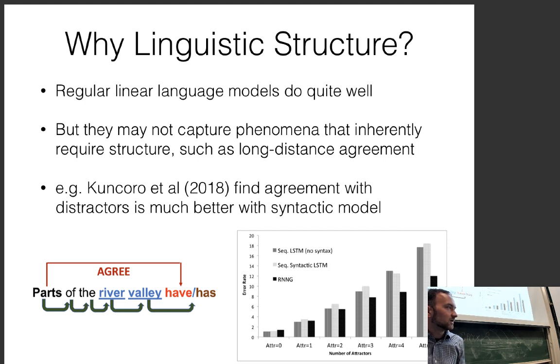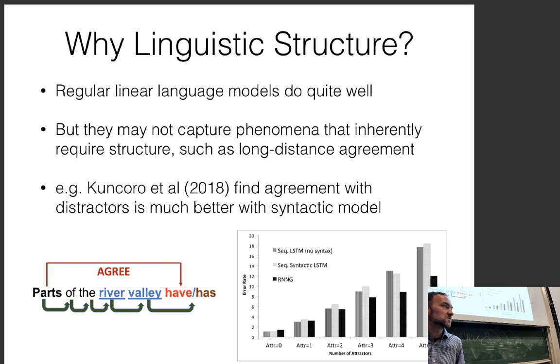If you have two, the syntactic RNNG starts getting better, and then if you get 3, 4, 5, you start to see a huge difference in the ability of the model to judge whether this is correct or not. I think this is interesting because it points out that the model that incorporates linguistic structure is generalizing much better at these really difficult cases.